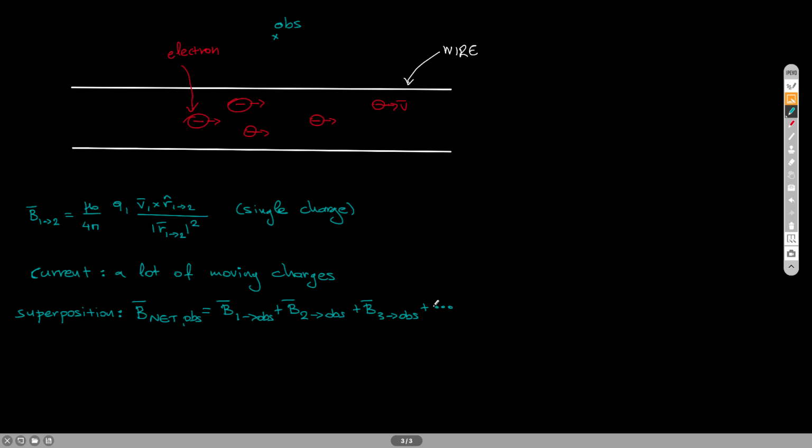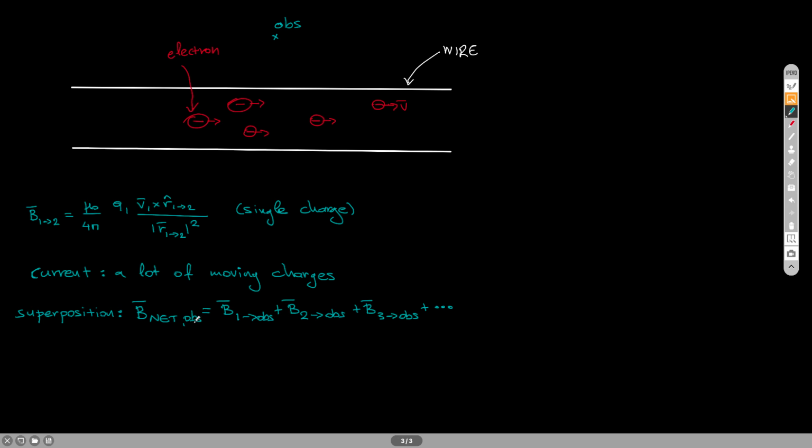Now, the thing is, we have worked on this problem of using the superposition principle to find the net magnetic field created by a current. And if you work out the theory, it's not that complicated, but it does involve a few calculations. But I'm going to skip them. I want to show you the final result and the big picture of this process.